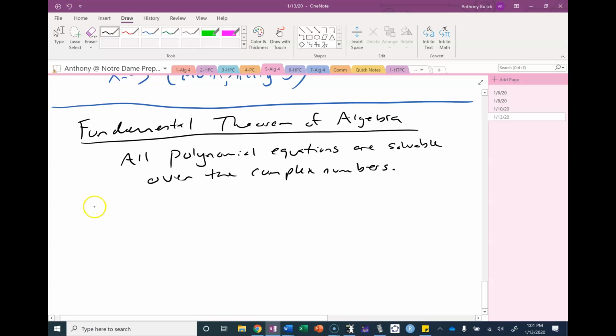What's more useful to us is the corollary to this. So a corollary is like a minor theorem that's really just based on a major result. And I abbreviate fundamental theorem of algebra as FTA.